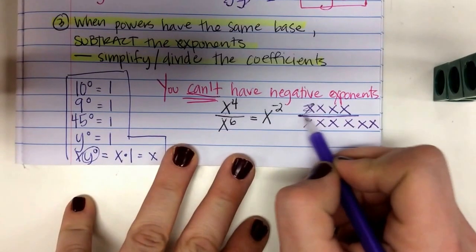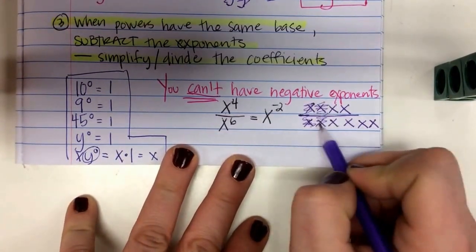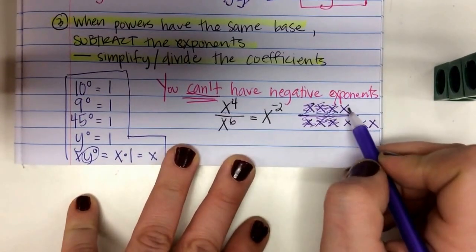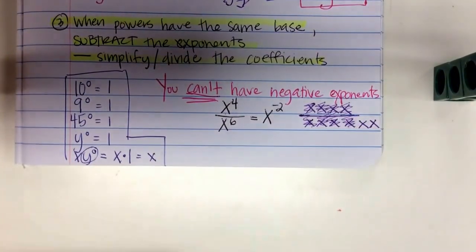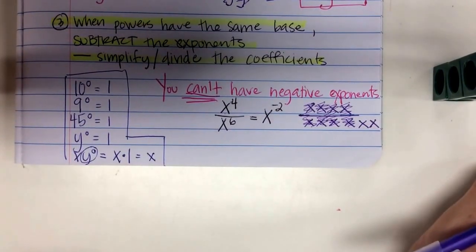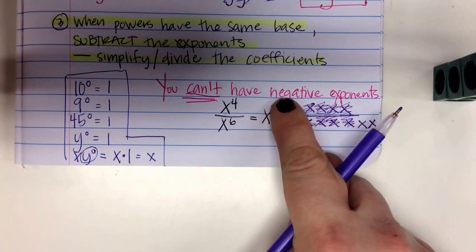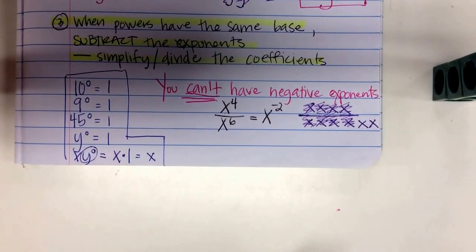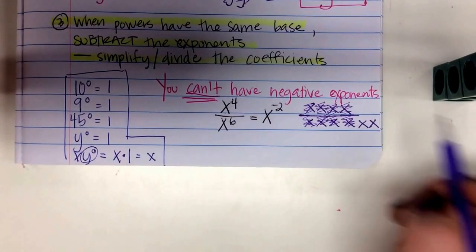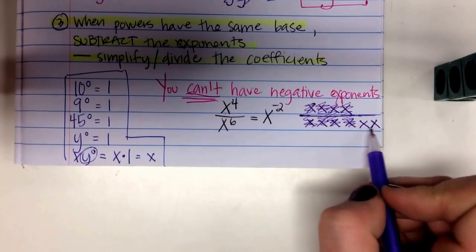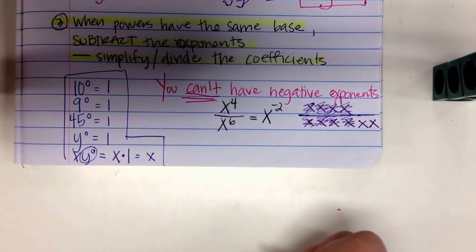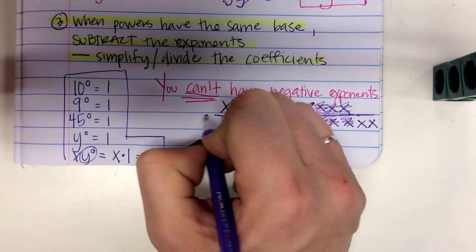Cancel out. So these cancel out. These cancel out. These cancel out. And these cancel out. What does x to the negative 2 mean? Because over here I have x squared. I have 2 x's. But where are they? In the denominator.